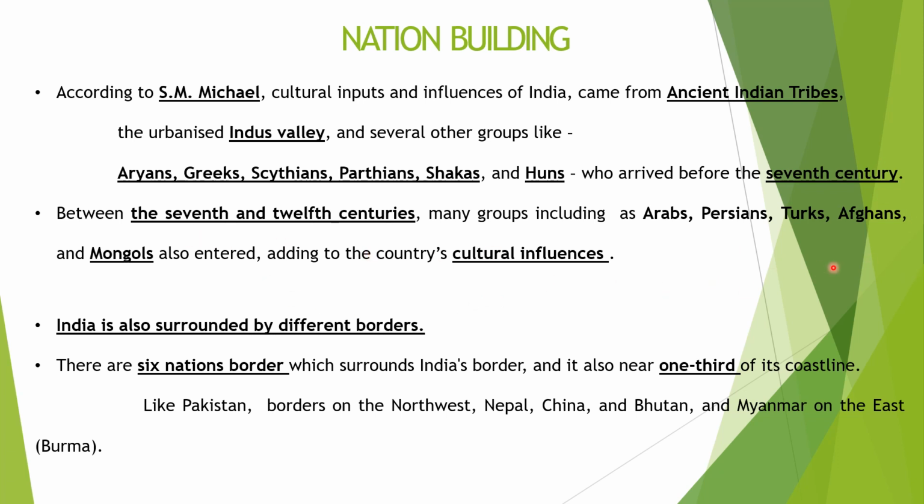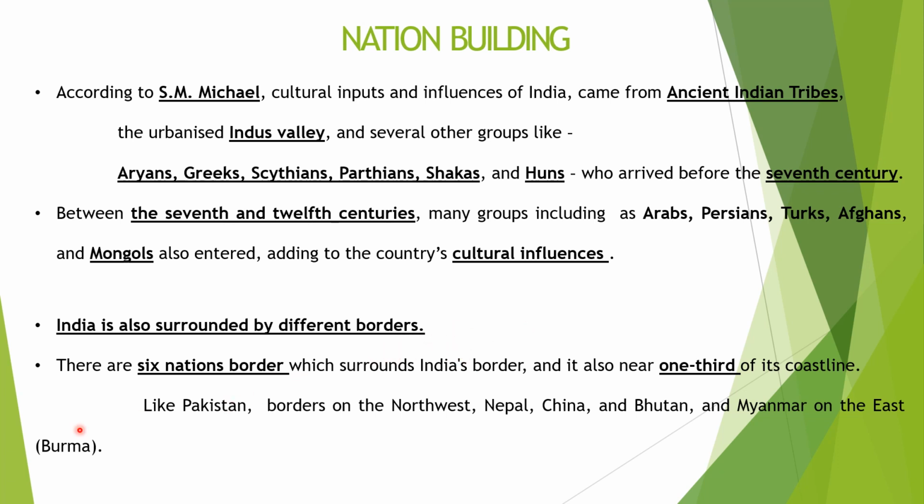Between the 7th and the 12th century, many groups including the Arabs, the Persians, the Turks, Afghans and Mongols also entered, adding to the diversity and influencing the culture of India.